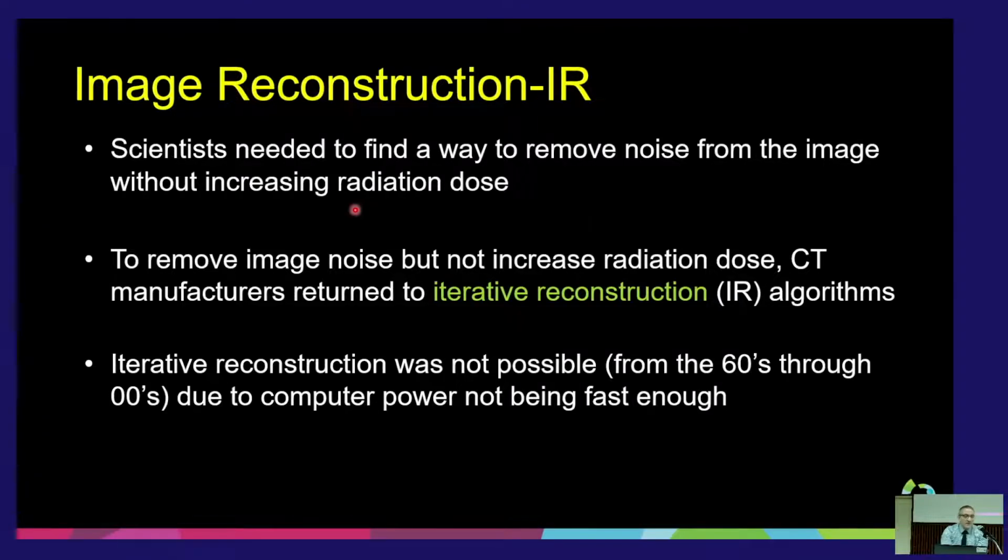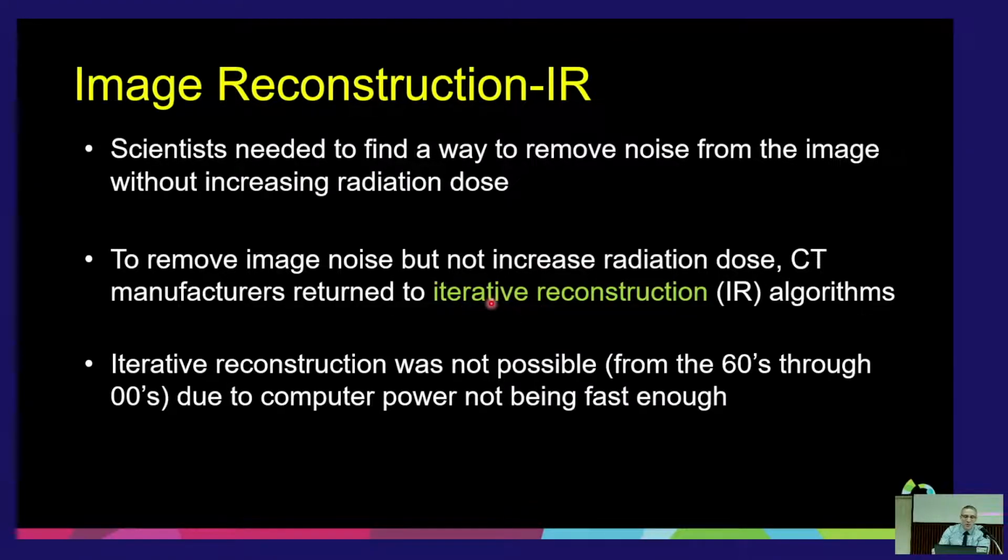So fast forward back to the early 2000s, when people started publishing papers and questioning how much radiation we were using in CT. Scientists immediately wanted to weaken that link between the amount of radiation dose and the amount of noise in the image.